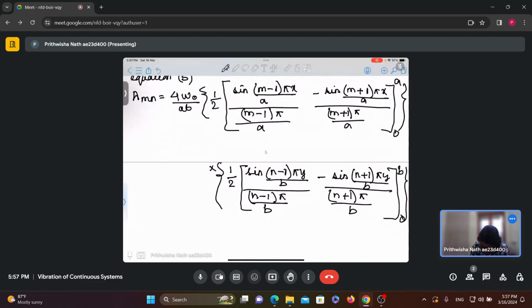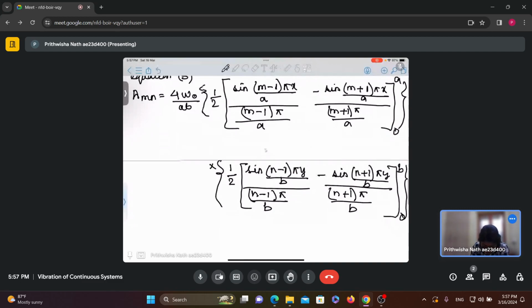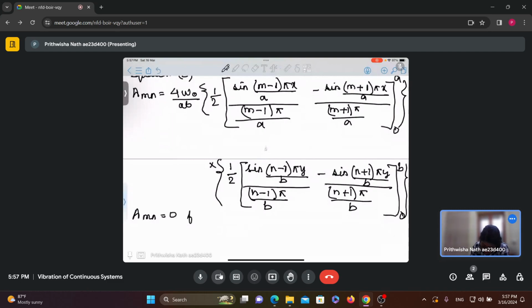So we can write A_mn equals 0 for m greater than 1 and/or n greater than 1.